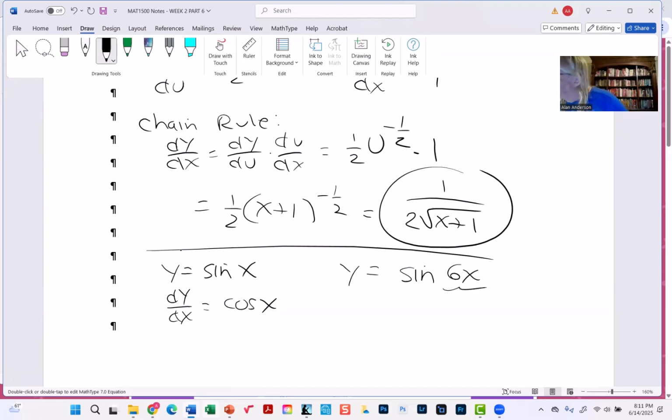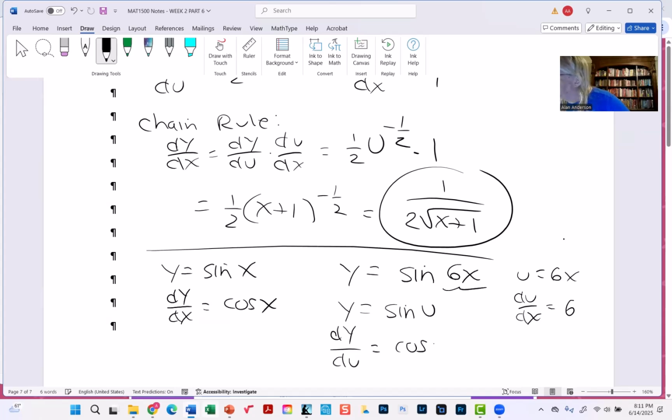Let's think of u as this right here, 6x. du dx is 6. And then that means that y is the sine of u, and dy du is the cosine of u.